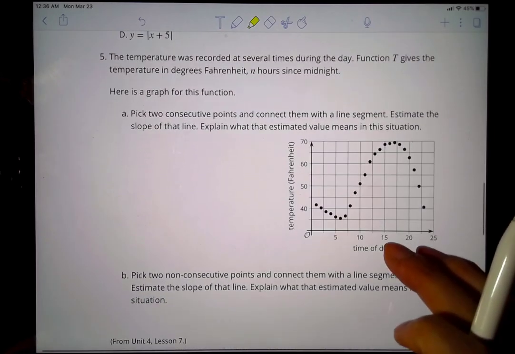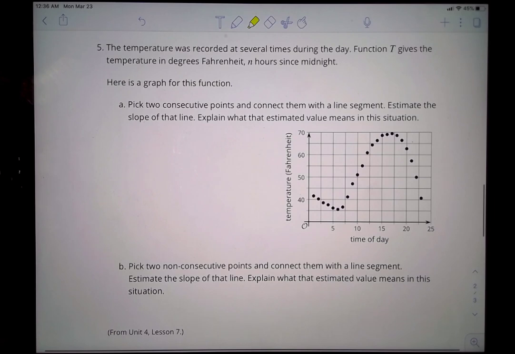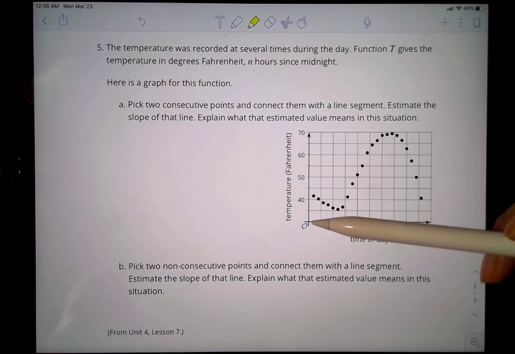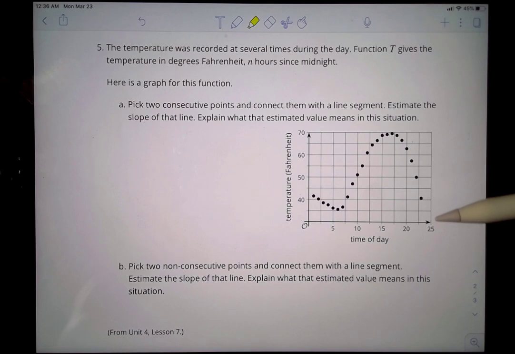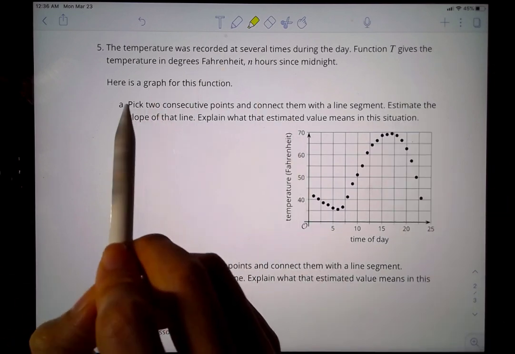And number 5, this is the problem most of you are having trouble with. So you have the temperatures, right? Temperature was recorded at several times during the day. Function T gives the temperature in degrees Fahrenheit n hours since midnight. Here is the graph for this function. Pick 2 consecutive points.